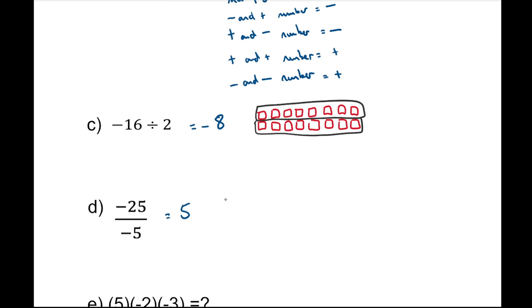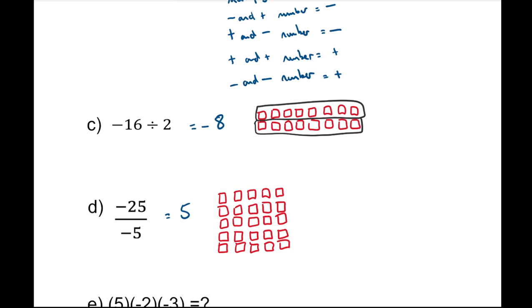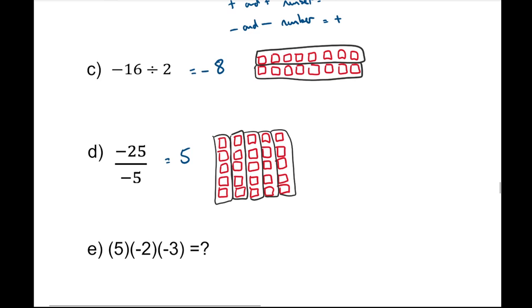You could also work out, if I have 25 negative squares, and I want to group them up into groups of 5 or -5, I can't really do -5 groups, but if I do the opposite of that and make groups of 5, I end up with +5.